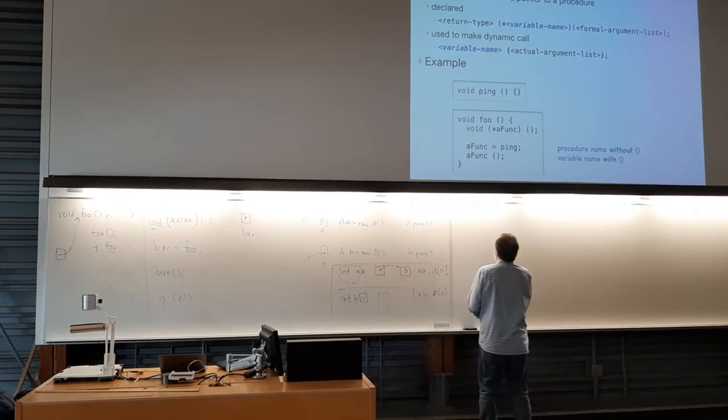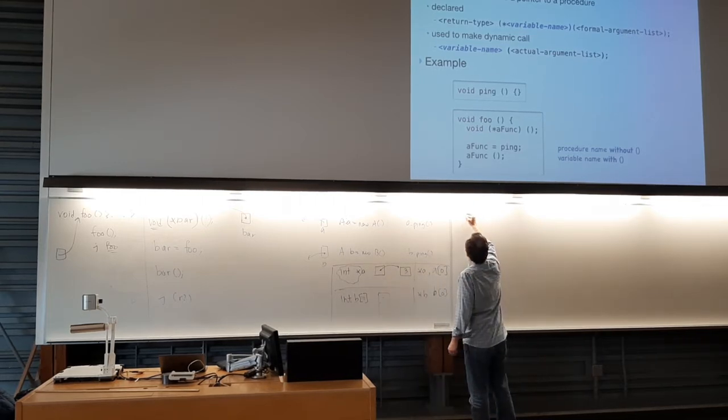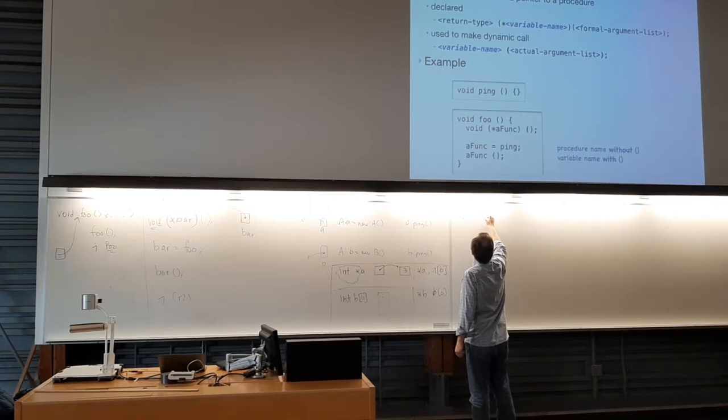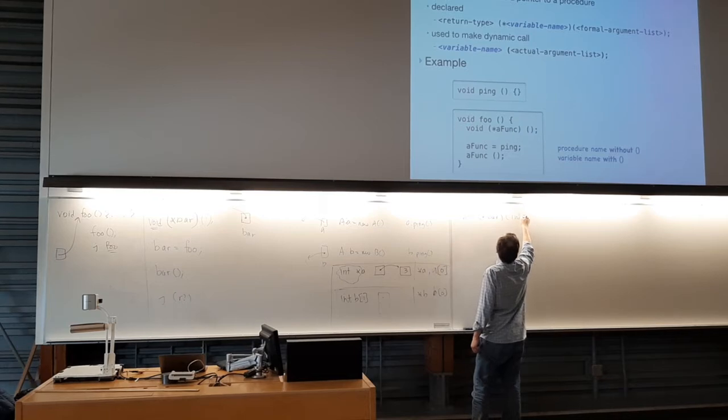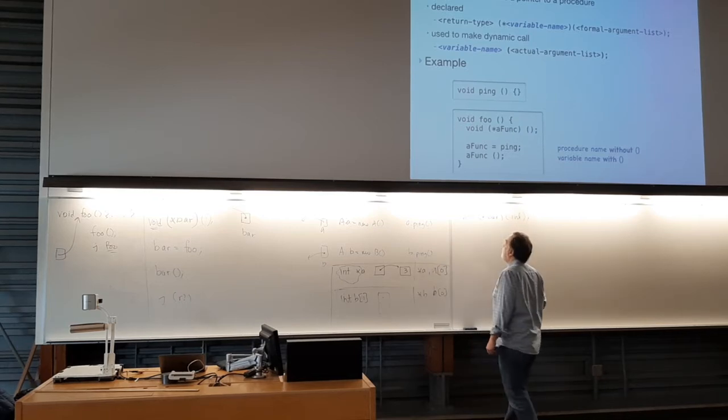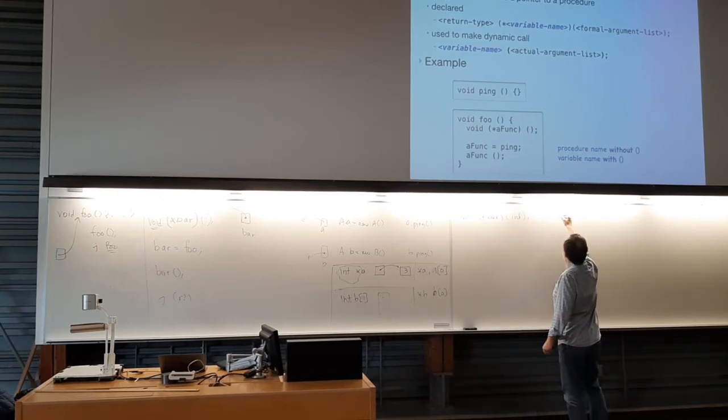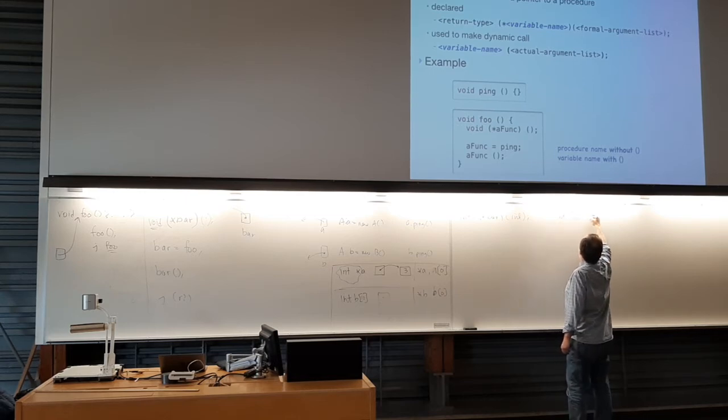Let's say I had some function pointer like this. Say it returns int, and maybe it takes an integer as a parameter. And then I have some other function, foo, which is a static function.